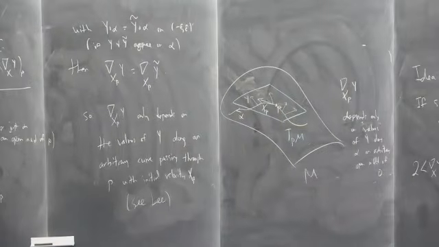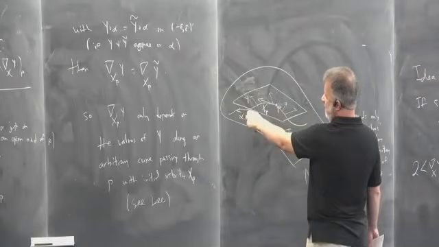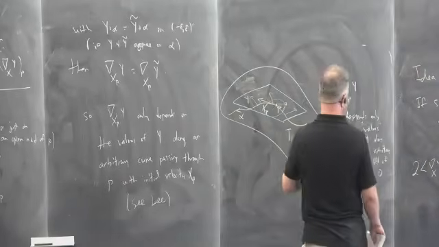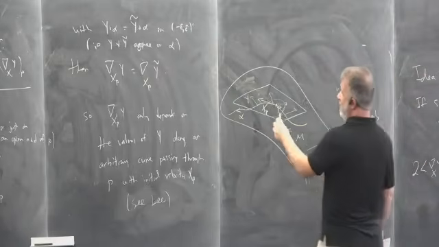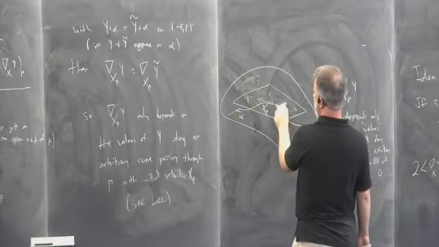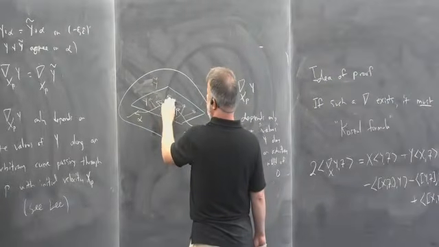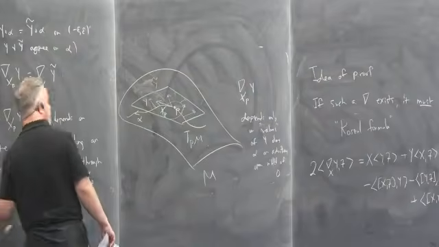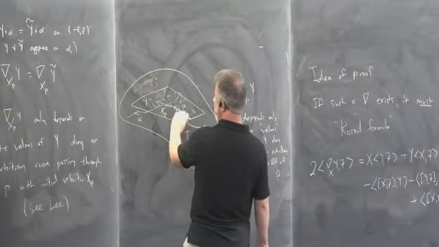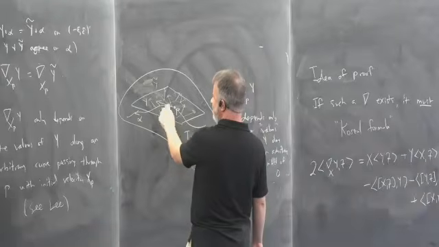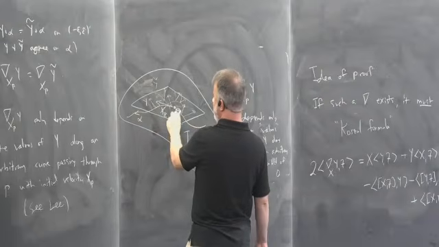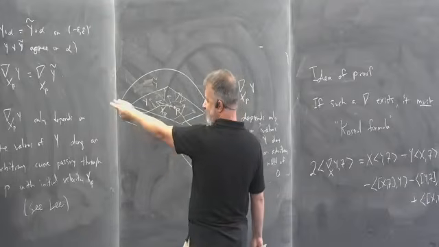So in other words, if I have this red vector field, which is defined not just along the yellow curve but in an open neighborhood of this point P, and if I have some other vector field Y tilde, which agrees with the red one on the yellow curve but they might disagree away from it, then on an arbitrarily small neighborhood of the origin, as long as they agree on that curve, these covariant derivatives would be the same.